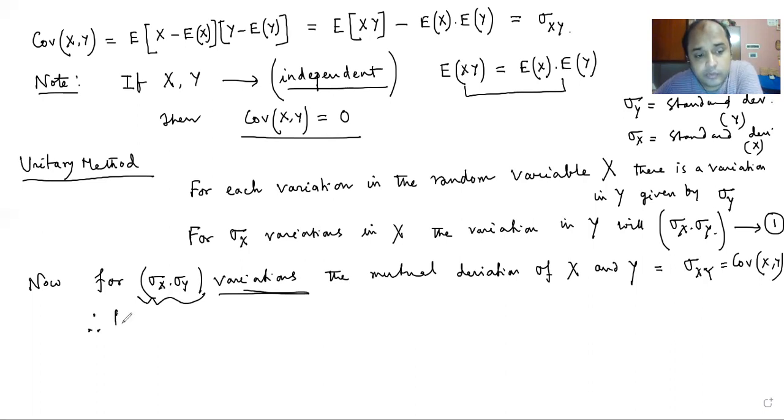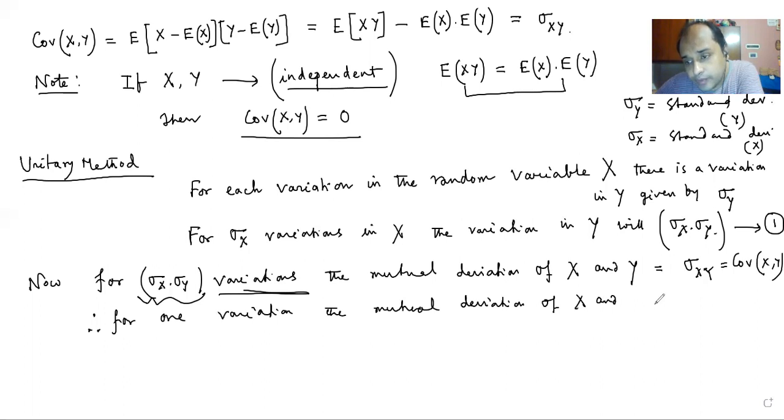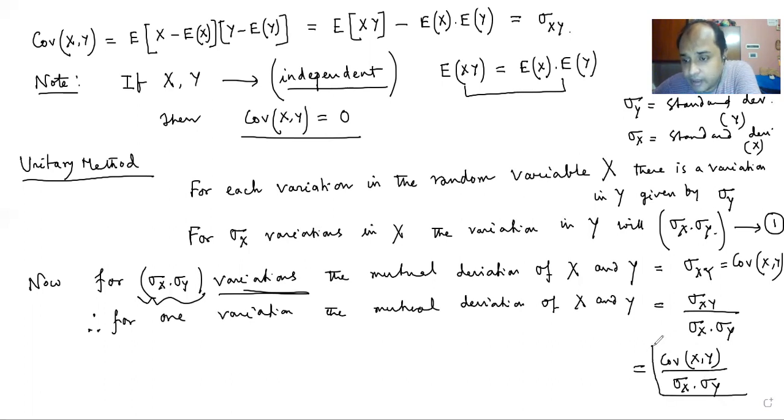Therefore, for one variation, the mutual deviation of X and Y would be sigma XY by sigma X into sigma Y, or covariance XY by sigma X into sigma Y. It is a kind of ratio.